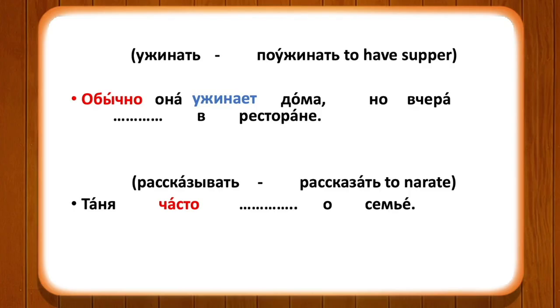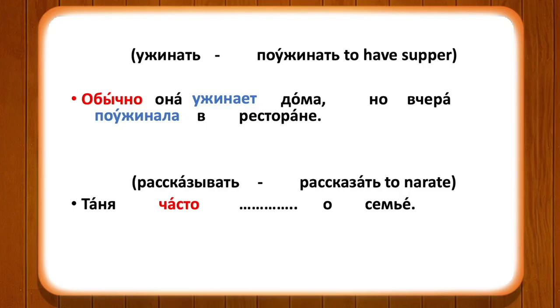Но вчера, but yesterday, again it is indicating that yesterday was a one-time action. So to denote one-time action, we will use the verb of perfective aspect, which is поужинать, and we will conjugate according to the pronoun она, but because it is yesterday, we will use the past tense form of the verb поужинать, indicating a one-time action that has taken place already.